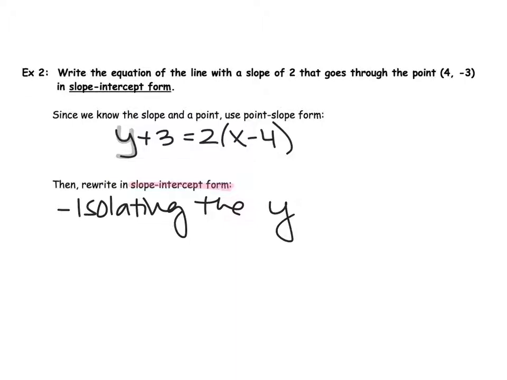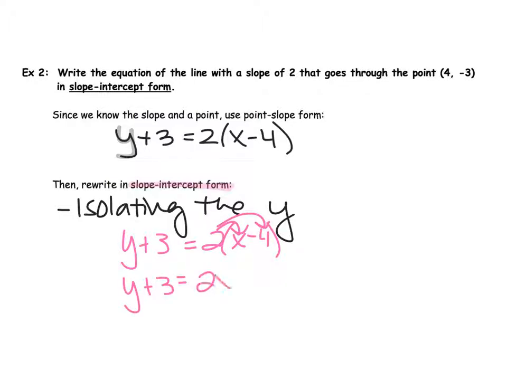Looking at my equation, I have y plus 3 is equal to 2 times x minus 4. I'm going to first distribute my 2 into my parentheses so that I can get it more simplified to 2x minus 8.